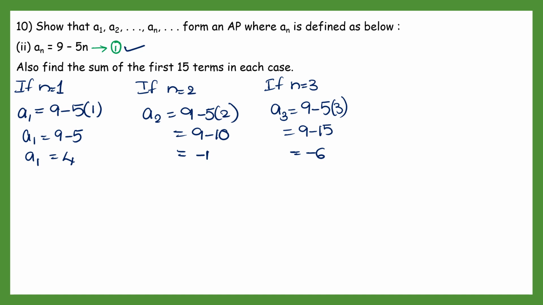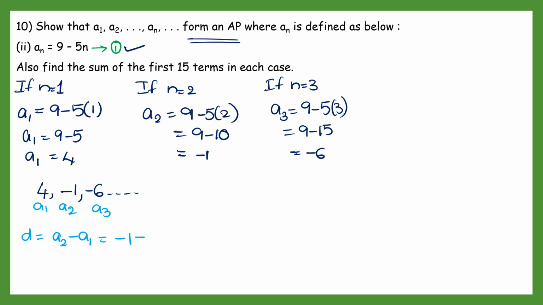Now we got the values of a1, a2, a3 and so on. Let's check if this forms an arithmetic progression or not. So first term is 4. Second term is minus 1, third term is minus 6 and so on. To check if it is in arithmetic progression or not, let's find difference between consecutive terms. First, difference between a2 and a1. a2 minus a1 is what?